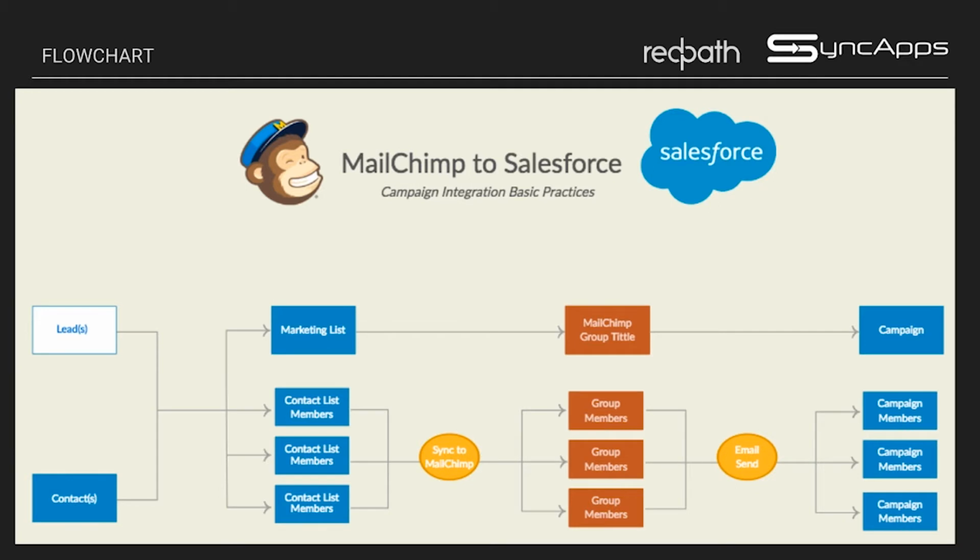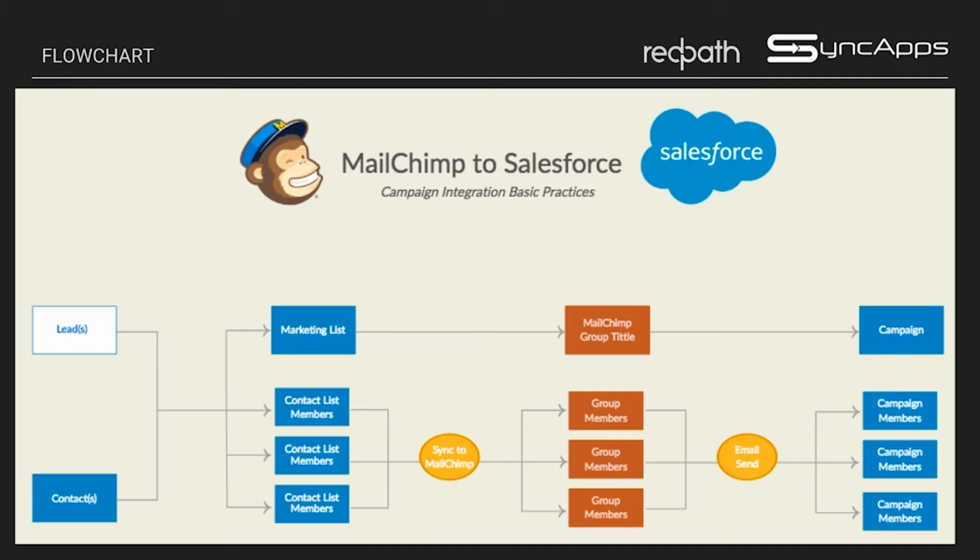So here is a flow chart to guide you on how Mailchimp and Salesforce integrate with SyncApps. Let's say you have your Salesforce leads and contacts on the left panel, and these records will go to a marketing list in Mailchimp together with the contact list members.